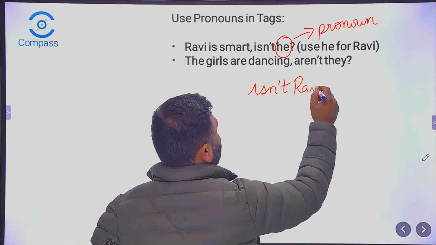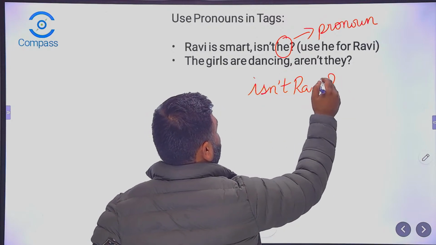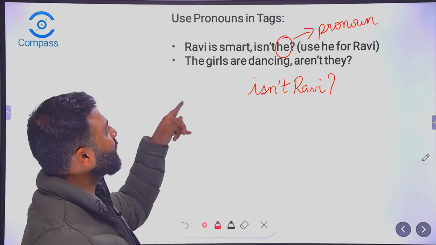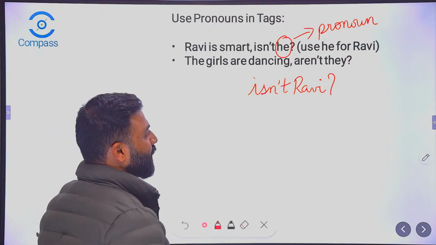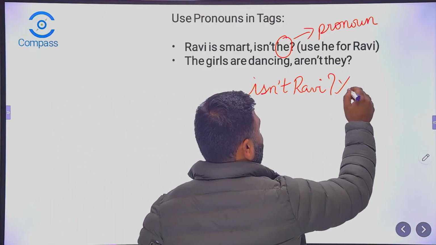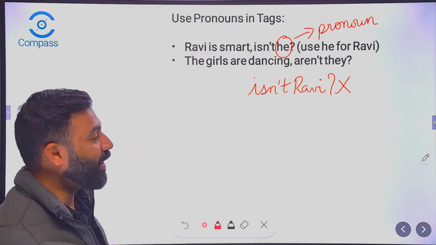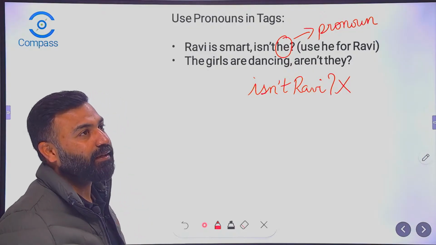Let's check. Now try reading it. Ravi is smart, isn't Ravi? Can we write down? No, that would be inappropriate. So this is wrong. We need to provide pronouns as well. So for example, you come across any name.